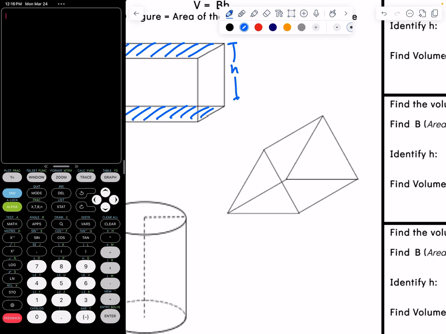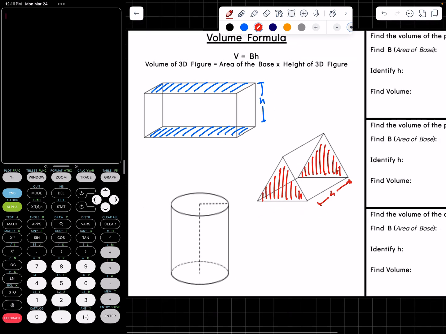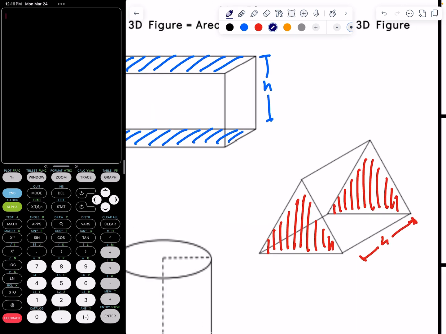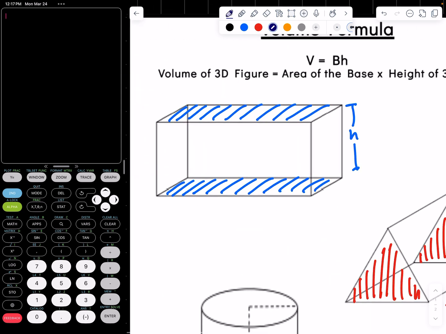Do notice though, sometimes our base isn't on the bottom. In this case, we have a triangular prism, okay, and its bases are on the front and the back, so our height would actually be over here. Technically on this rectangular prism, I could make my base any of these sides.